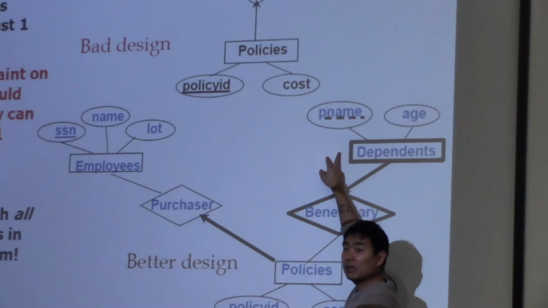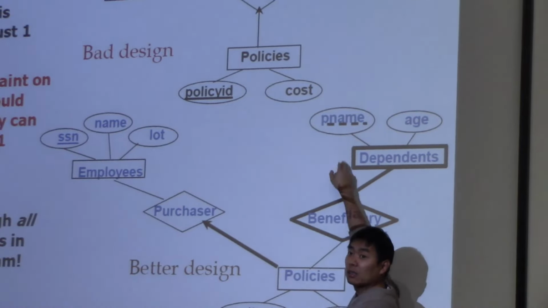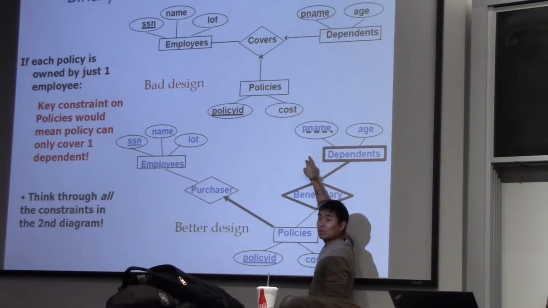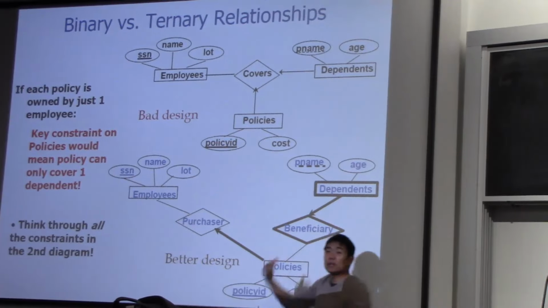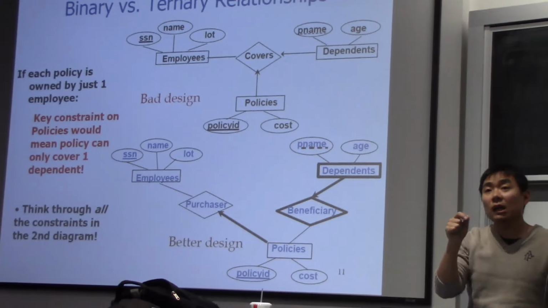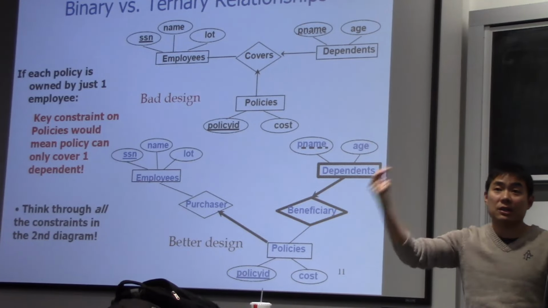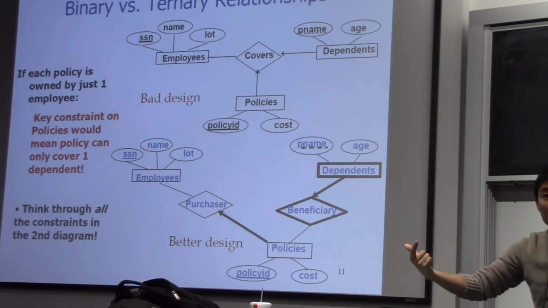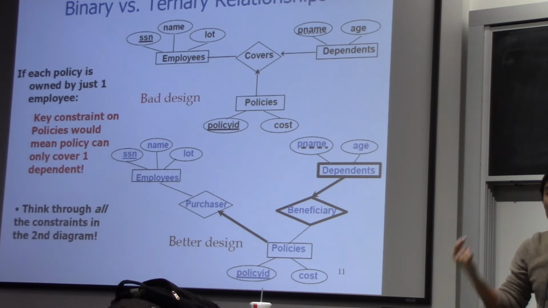And if you check this design, it gives you a one-to-many between employee and policy, then one-to-many from policy to dependents. And automatically, if you have one-to-many, if you think about it, one employee may have multiple policies.